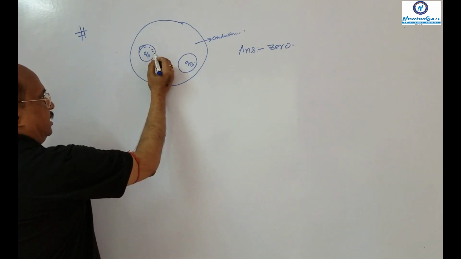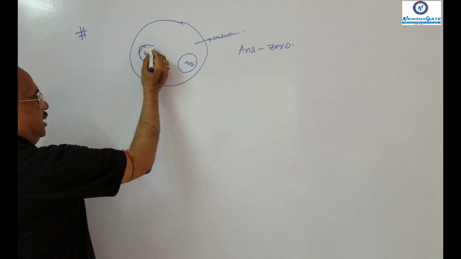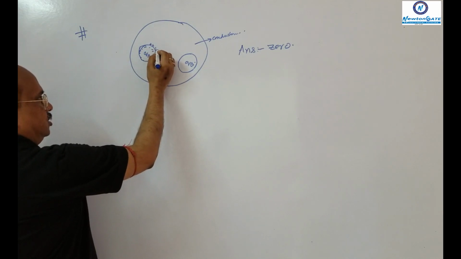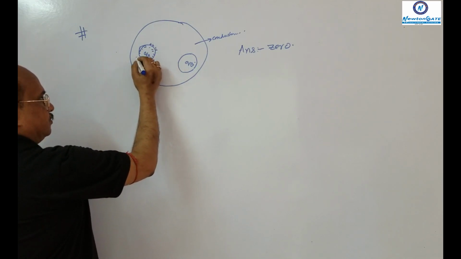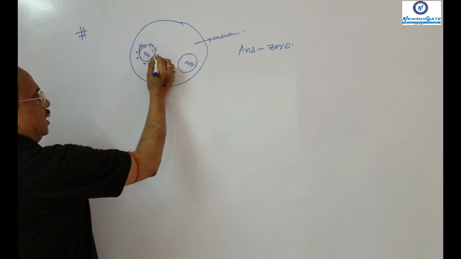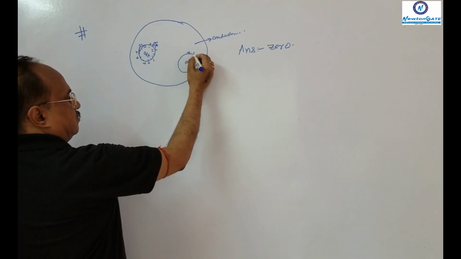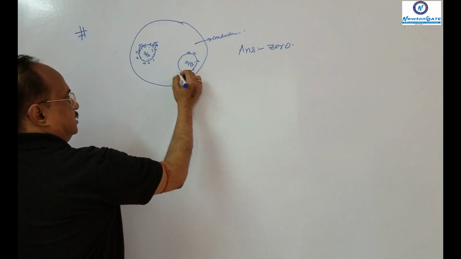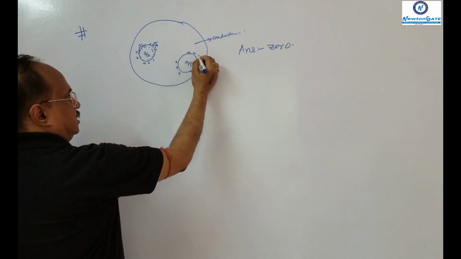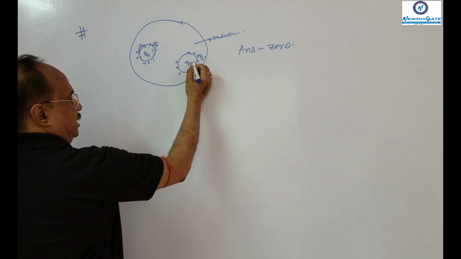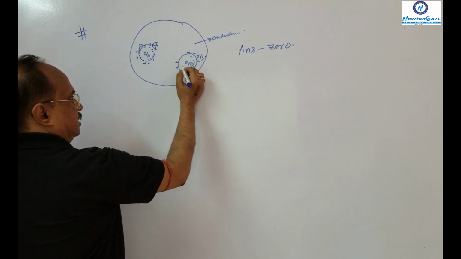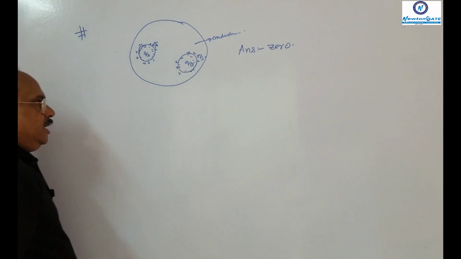It will attract some negative charge over here and corresponding positive charge over here. That you can call sigma A. Here also there is a net charge, sigma B around it, and there will be a negative sigma A over here.